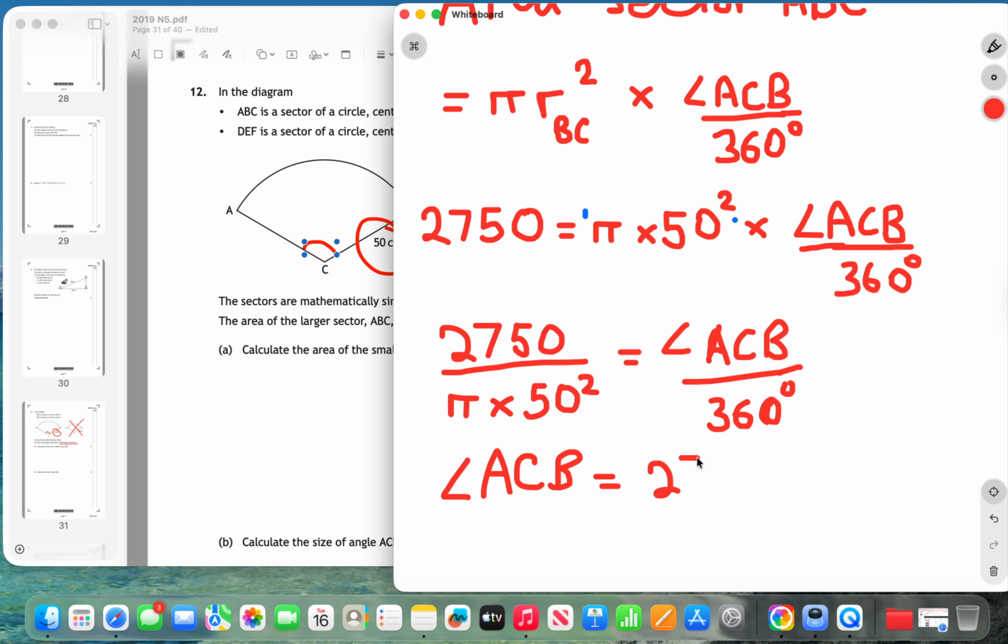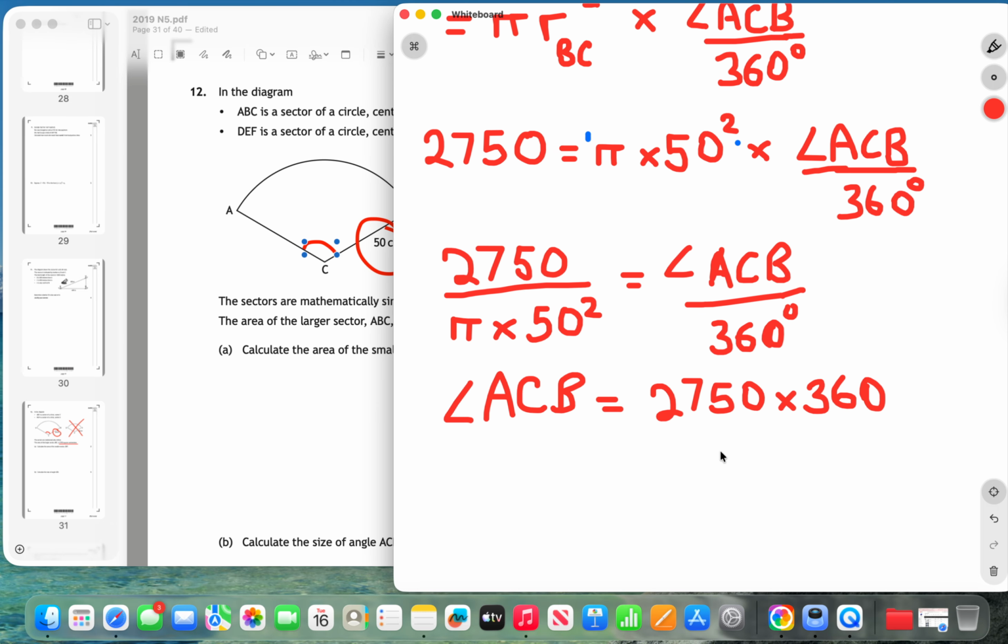So it's 2750 times 360 divided by pi times 50 squared. Being mindful of BODMAS, you want to then plug that into the calculator.